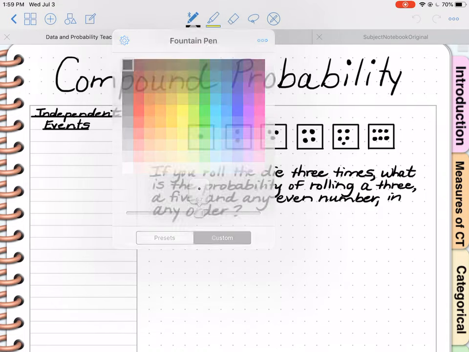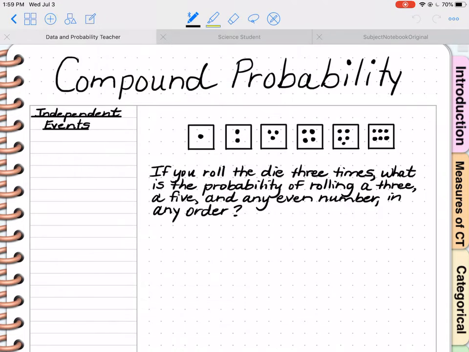And the first thing I need to tell you is the definition of independent events. I would ask you to think about the word independent. What does it mean when someone or something is independent? It means that that person or thing does not rely on another person or thing.